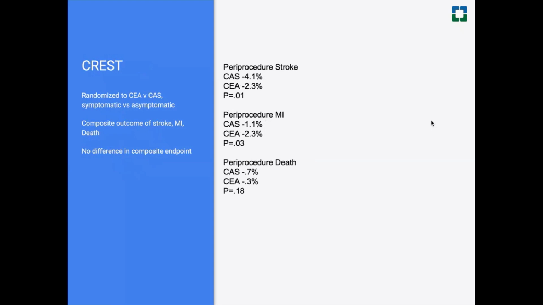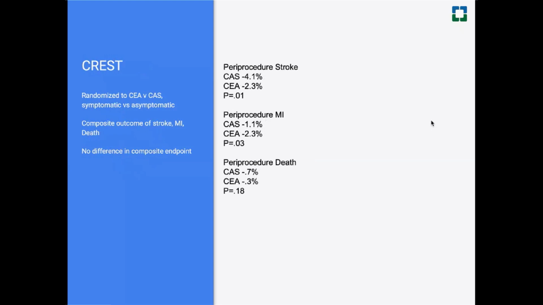I participated in this when I was in private practice in Iowa, and I was one of the operators, while my partners in cardiology were placing carotid stents in conjunction with the neurologists involved in this trial. The patients were randomized to carotid endarterectomy versus stenting, symptomatic versus asymptomatic. There was a composite outcome of stroke, MI, and death, and the conclusion was there was no difference in composite endpoints.